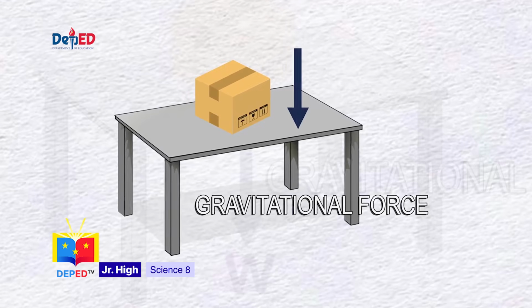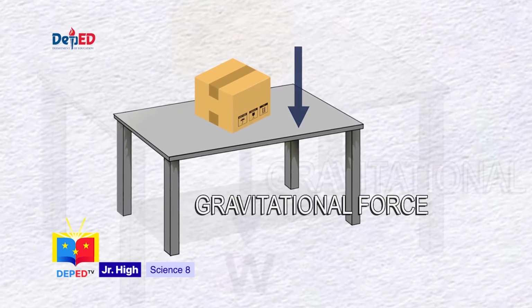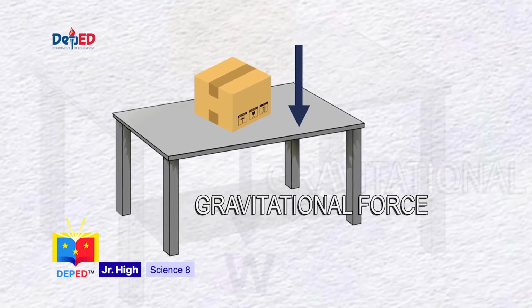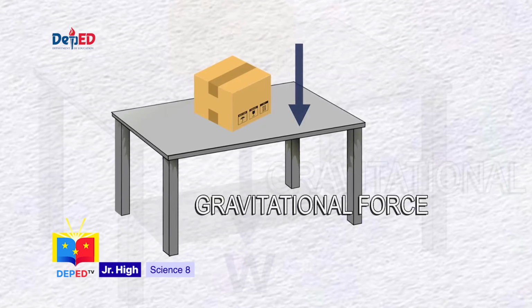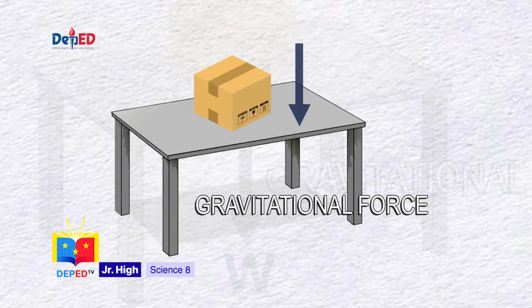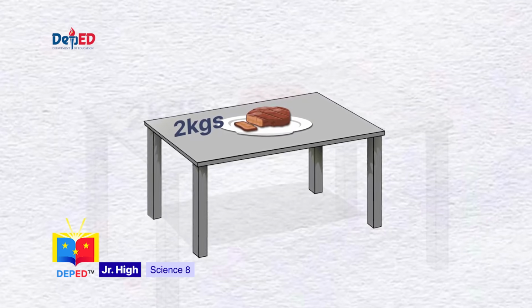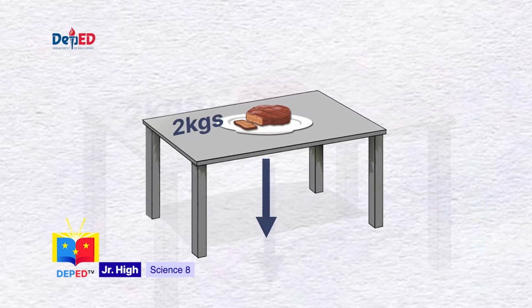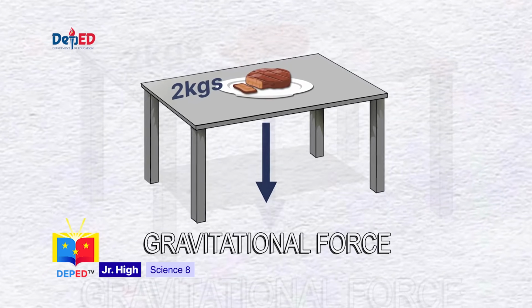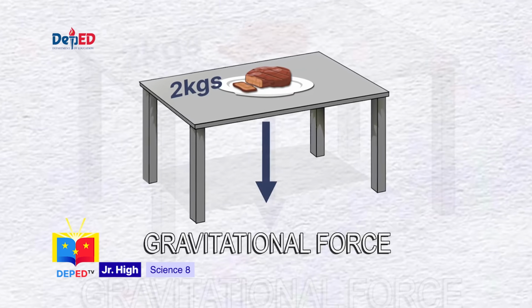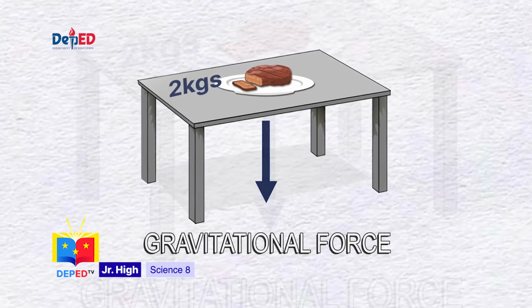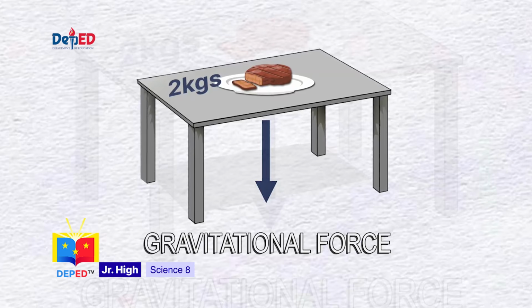If there is an upward force on an object at rest, there is also a downward force that pulls it downwards, and that is gravitational force. Let's take, for example, 2 kilograms of meat on a plate. The weight of the meat is the gravitational force that pulls it downward. The greater the mass, the greater the gravitational force that pulls it down.